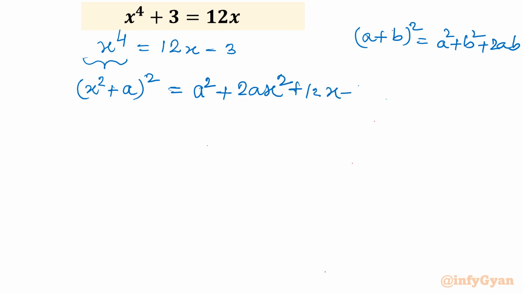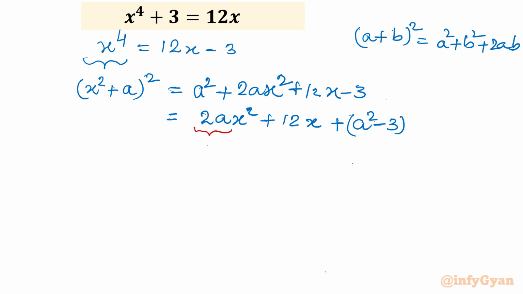12x minus 3. Now it looks like one quadratic equation. So I will arrange it in the proper form: 2ax square, then 12x, then the constant term which is a square minus 3. Now you can think that this equation is quadratic in x, and yes it is.